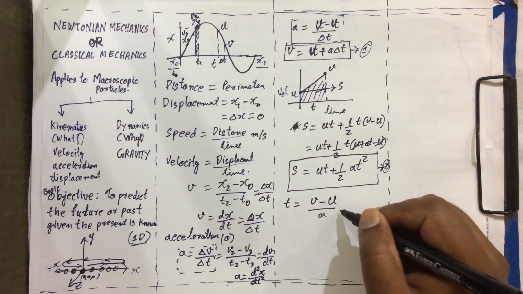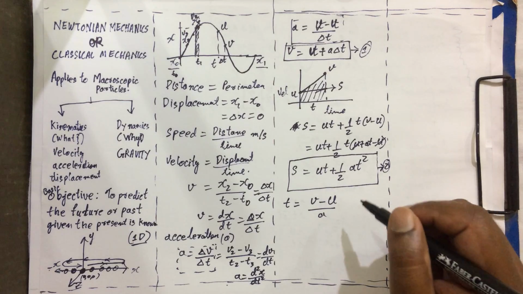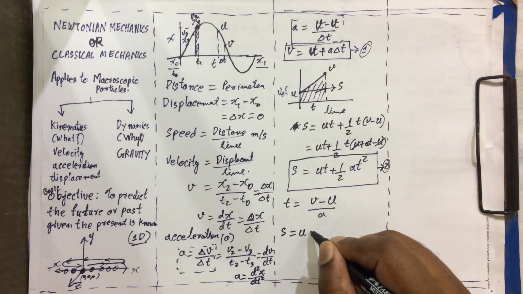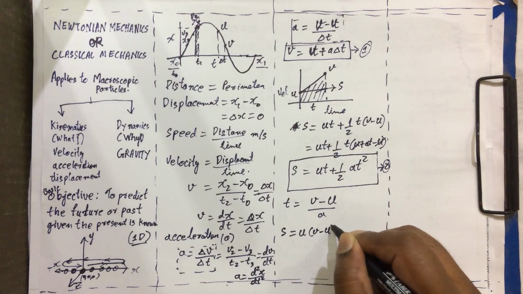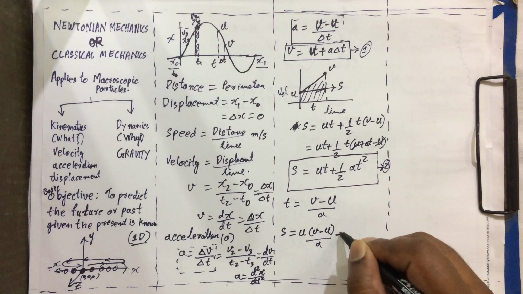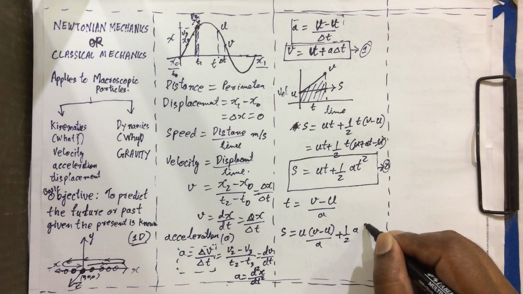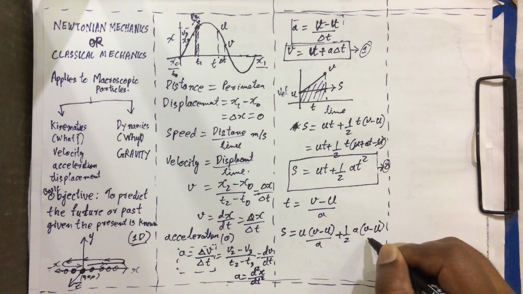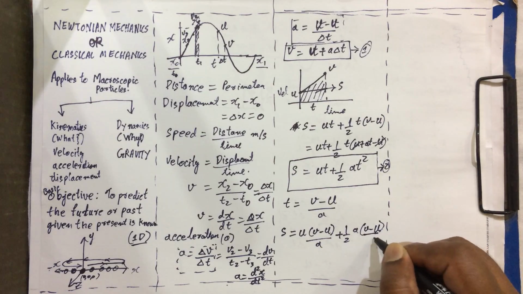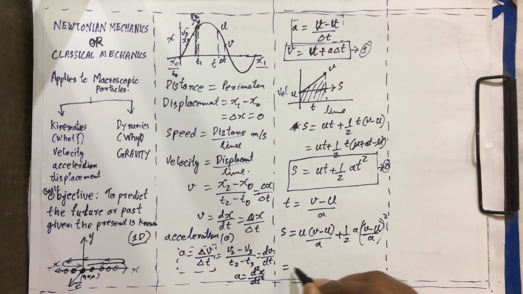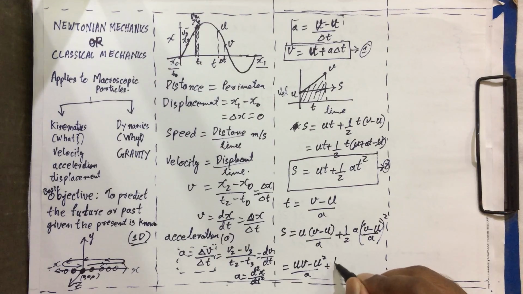If I substitute this time into the second equation, I'll get s equals u times v minus u by a plus 1 by 2 a times v minus u by a whole square, which can further be written as uv minus u square by a plus 1 by 2.